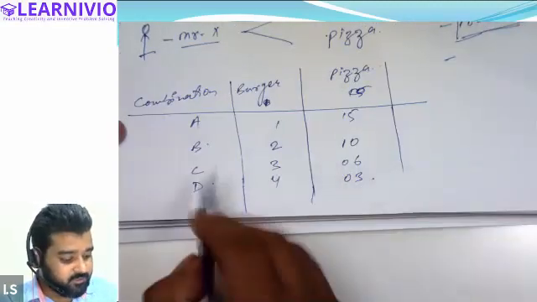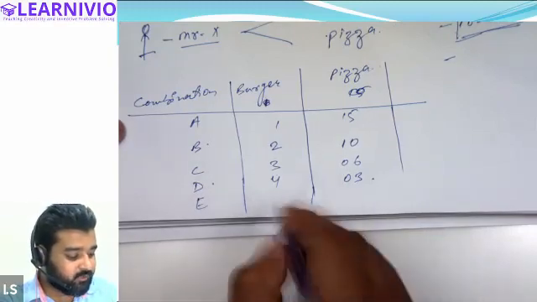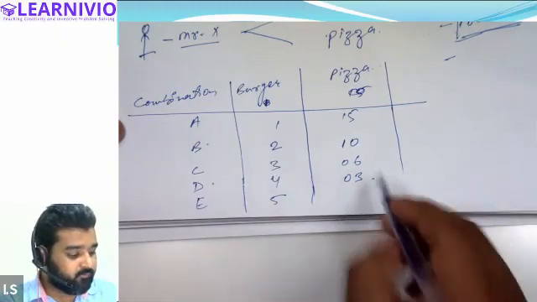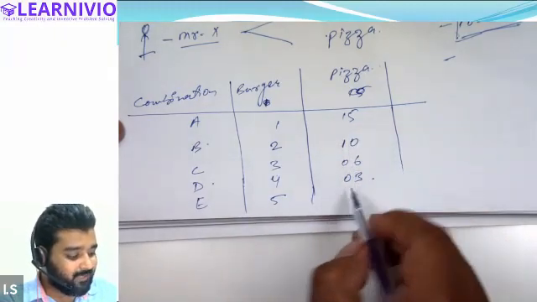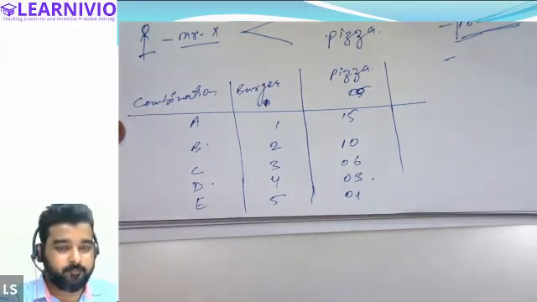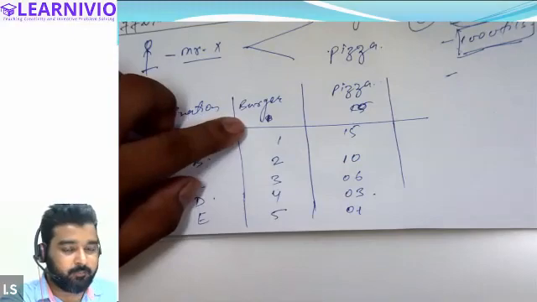Correct? Let's assume that he is increasing the burger by 1 more unit. Then what will he have to do? He will have to sacrifice a few more slices of pizza. Let's assume he is sacrificing 2 more slices in order to increase the consumption of burger by 1 unit.